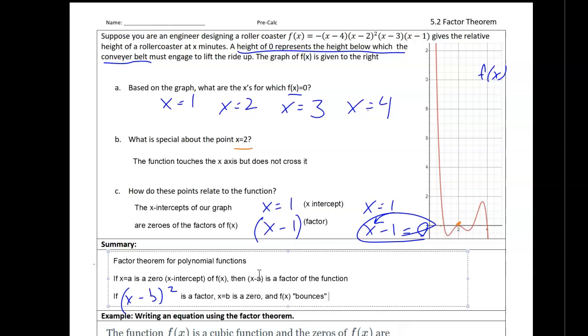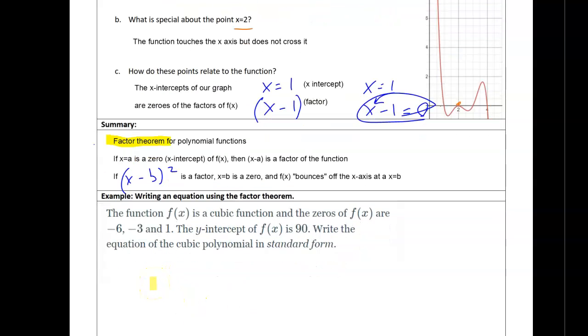F of x bounces off the x-axis at that point, right? So what we know from a graph like this is that this x minus 2 factor will show up twice in the factorization. Okay, so that's the factor theorem. So this is the title of the lesson. So this factor theorem is important, and it's what we're going to use to solve our problems here.